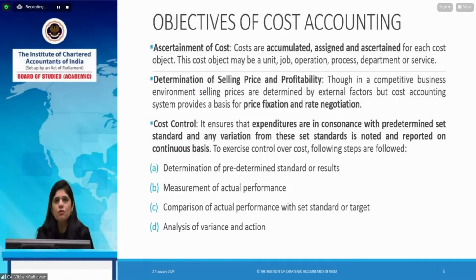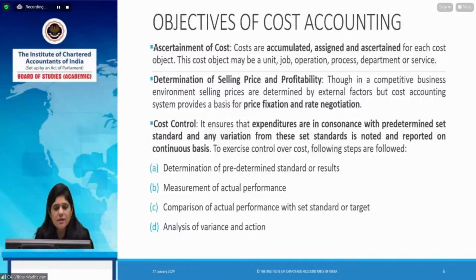So you have the standard set targets for cost. You don't have to go beyond that standard cost. If your actual cost is more than the predetermined standard set, then of course there is a negative deviation which needs to be reported, which needs to be checked so that in the next cycle the deviation should be minimum or should be removed. So that is the function of cost control.